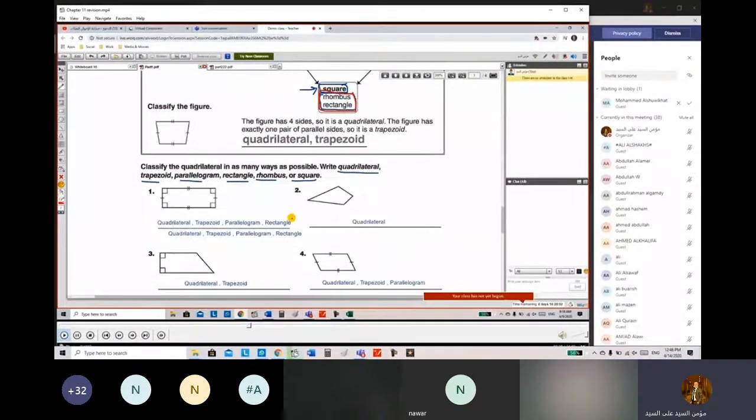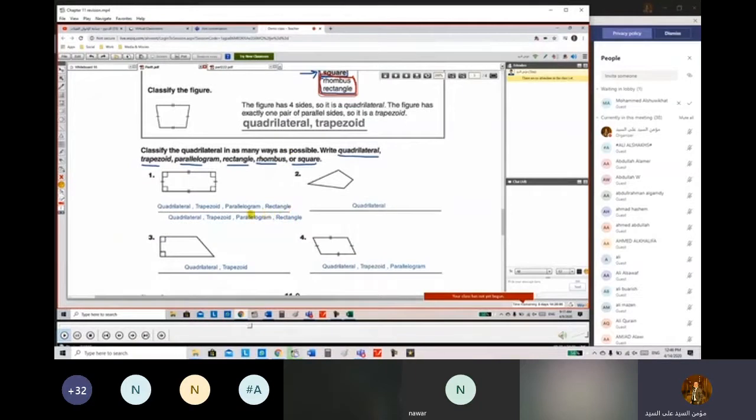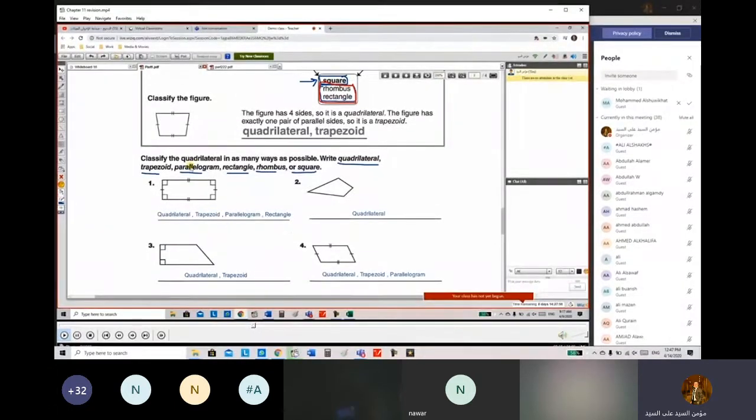Okay, now let's remove this. We want to classify quadrilaterals in as many ways as possible.